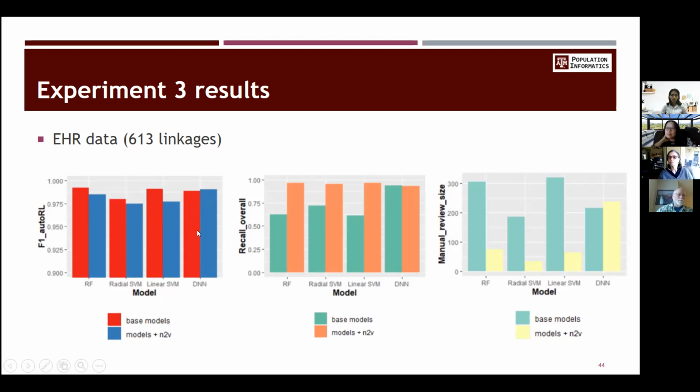This result is true for all of the algorithms except the dense neural network. In the dense neural network, we have a little increase in manual review size, but also a little increase in F1 score.